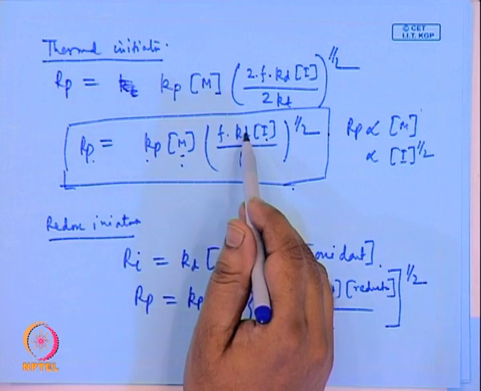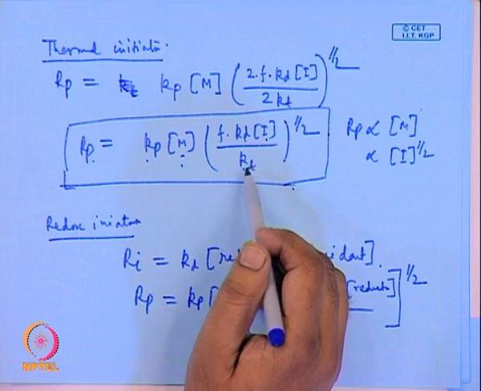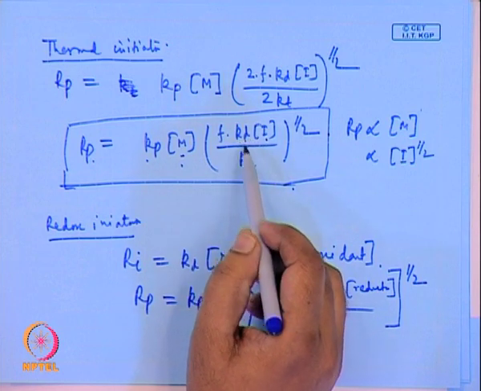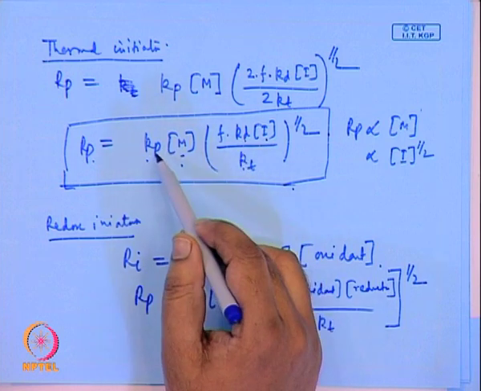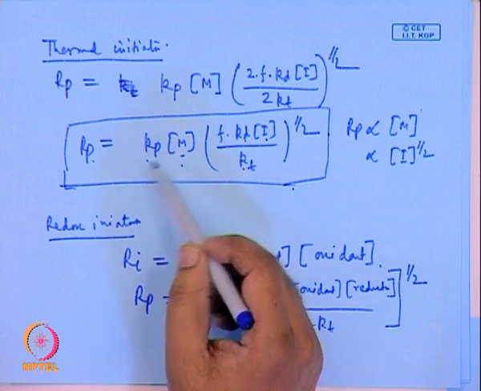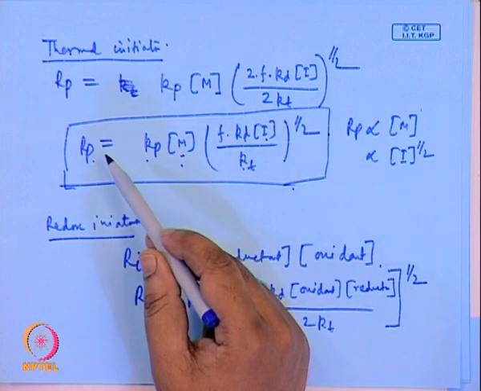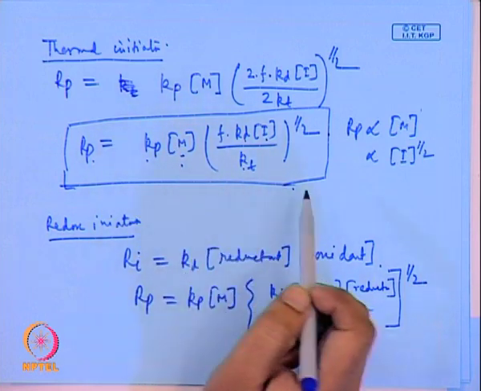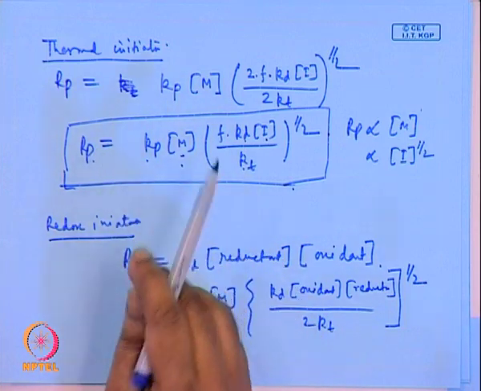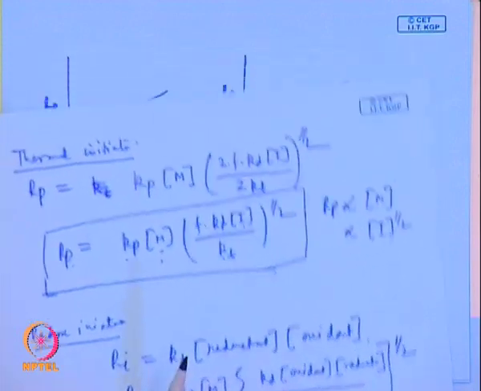And it will depend upon the temperature. If you increase the temperature, then depending on how it is affecting the values of Kd, Kt and Kp, the rate will vary. We will come in a later lecture to the effect of temperature on the rate of polymerization.